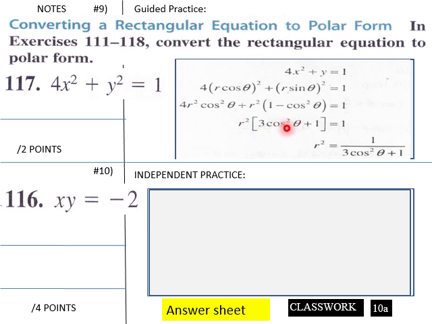Here, 4r squared cosine squared theta plus r squared times 1 minus cosine squared theta. So that would give us our 3 cosine squared theta because we're subtracting this from this over here. And then we can factor out an r squared now.